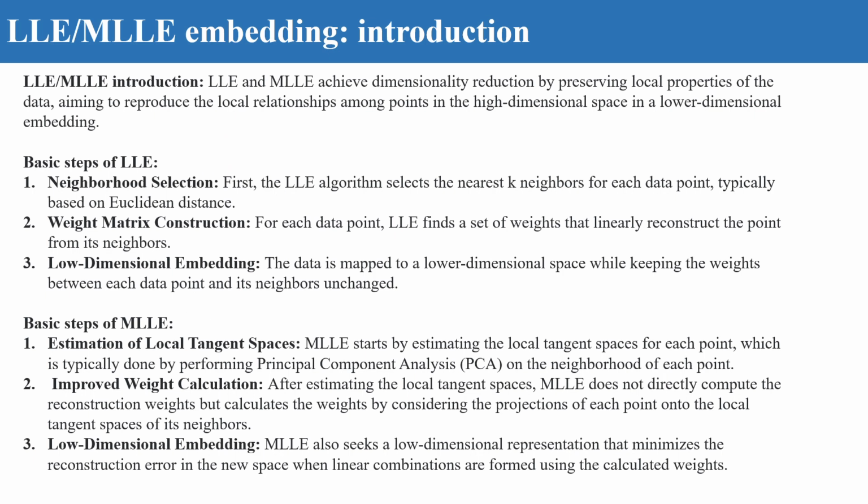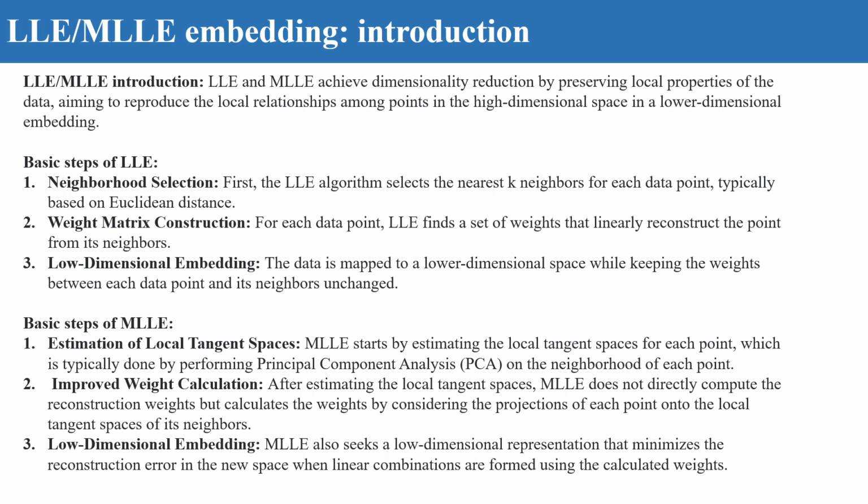LLE and MLLE are dimensionality reduction techniques that aim to preserve the local properties of the data. LLE selects the nearest k neighbors for each data point and finds a set of weights that linearly reconstruct the point from its neighbors.